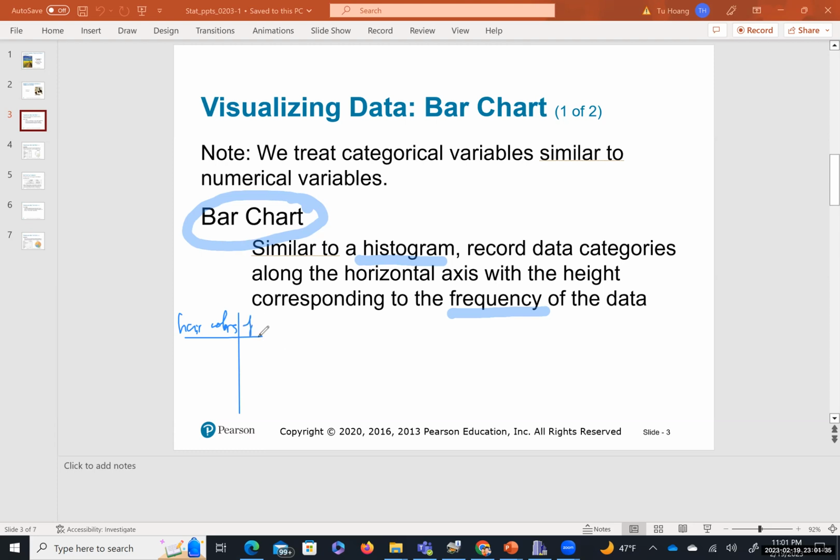And then the right hand side of the column is going to be frequency. So in our class we have, let's say, black color, let's say yellow, right?